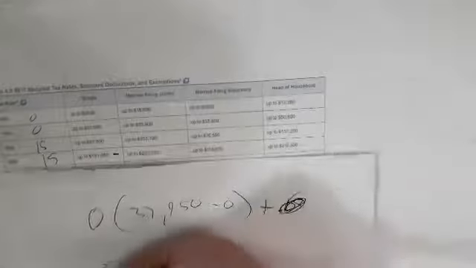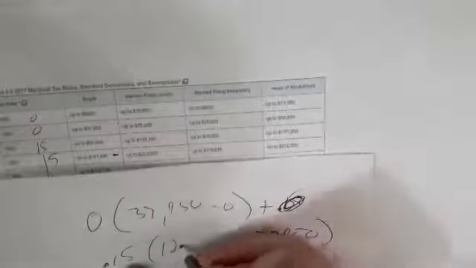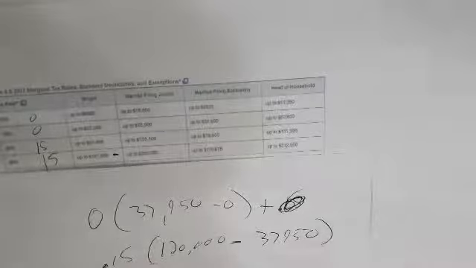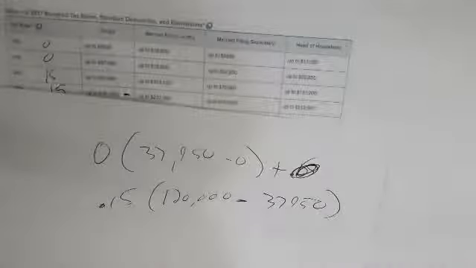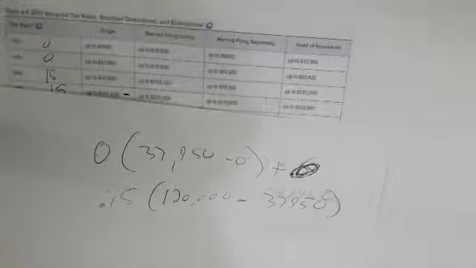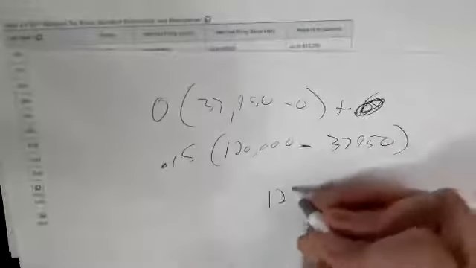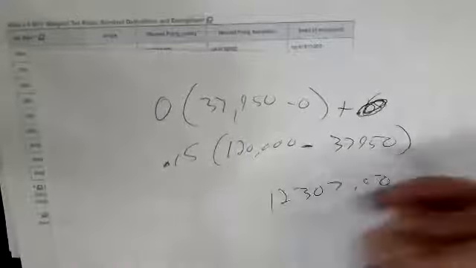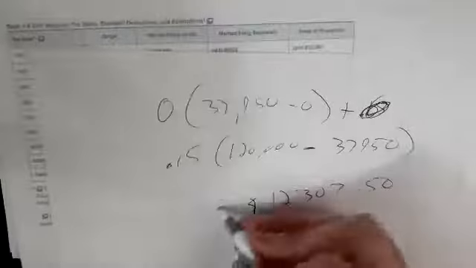So maybe I should write it down here so I got a little more room. And I'm going to go up to her wage of 120. And so I do that, it's going to give me 82,050, and I'm multiplying by 0.15, which is going to give me 12,307.50, I believe, is what she's going to end up paying.